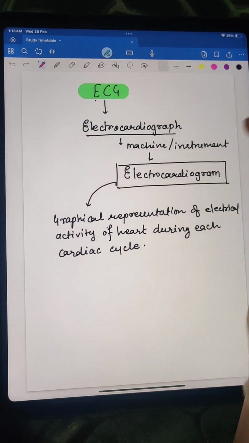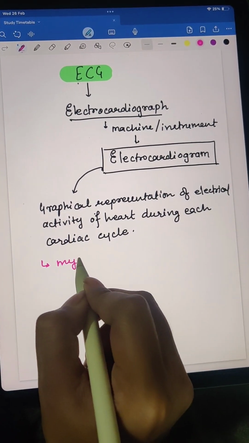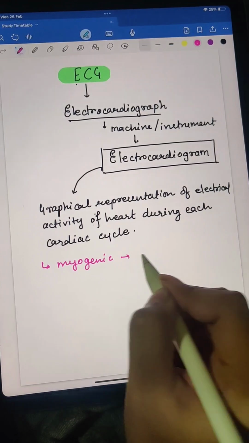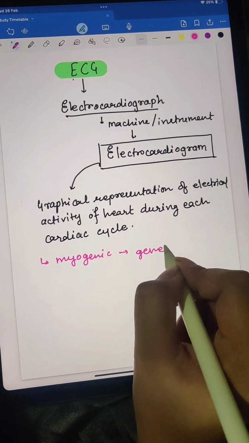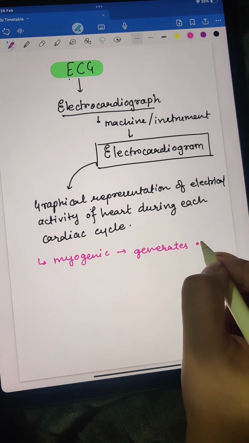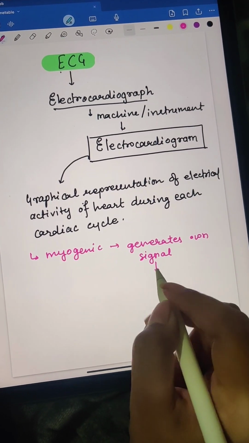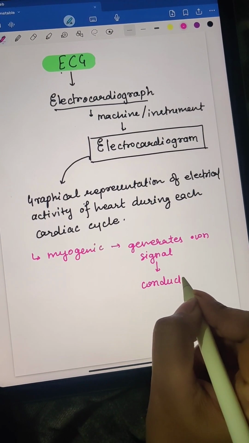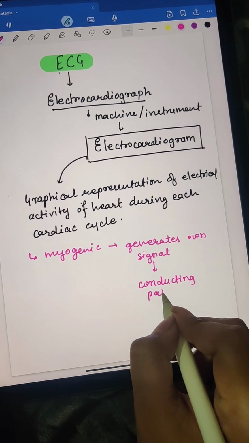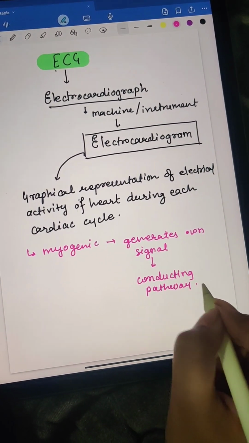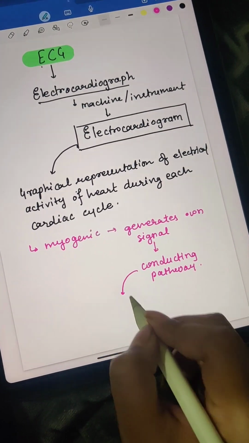Okay, so as we know that our heart is myogenic, it generates its own signal by virtue of its conducting pathway, or nodal tissue. So what is there in conducting pathway?